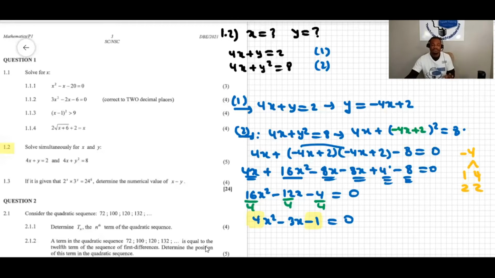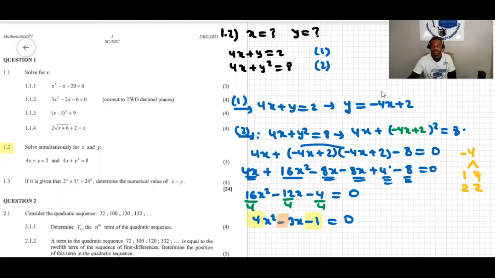Now, from the list of factors of 4, we select the only couple that will make a sum equal to the coefficient of the middle term, negative 3. We can see 2 and 2 will never make negative 3. 1 and 4 will, if it's positive 1 and negative 4.